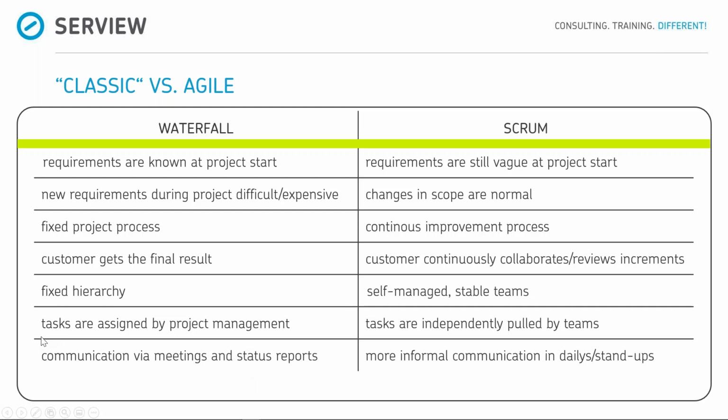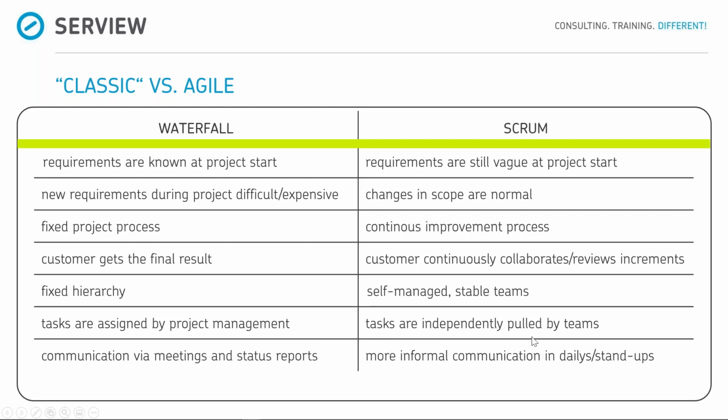So in Waterfall, again, we look at tasks being assigned by, for instance, project management or by team leaders. We know what the plan is. Now it's just about rearranging the schedule, and it's about telling people what to do. It's like coordinating. In Scrum, it is more about collaborating, so it's working together.